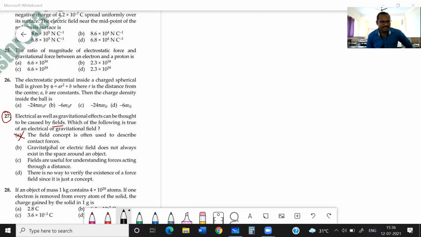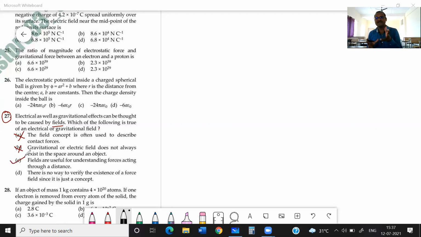Next, option B, gravitational or electrical field does not always exist in space around the object. No, they will exist in space around the object. Option B is also a wrong answer. Option C, the fields are useful for understanding the forces acting through a distance. Yes, it is the right answer.